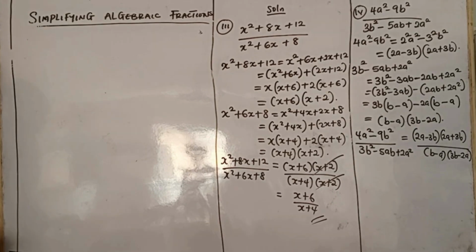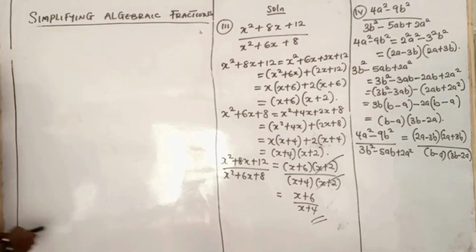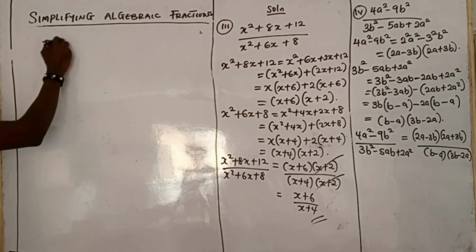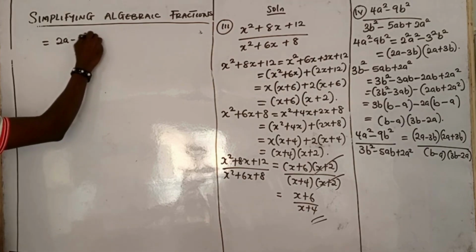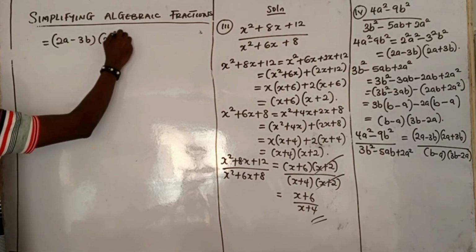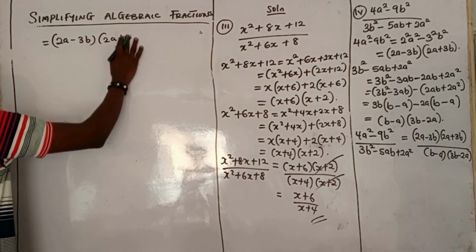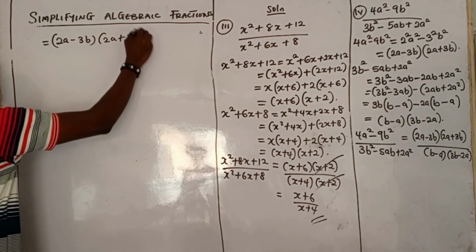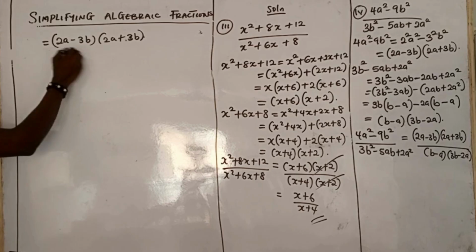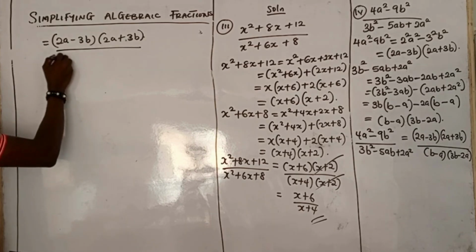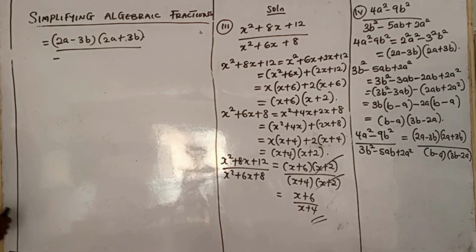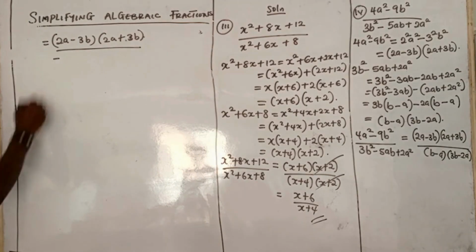So by the time a minus sign is introduced there, I am going to have 2a minus 3b and then 2a plus 3b. By the time I bring in a minus sign, I'm going to have a minus there.